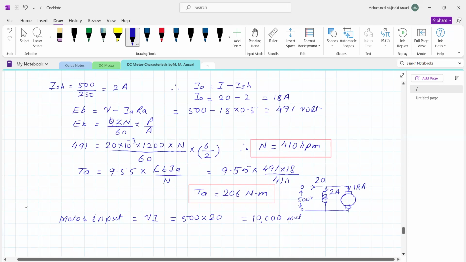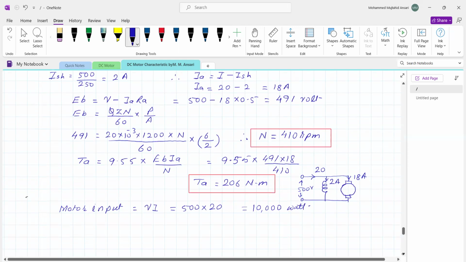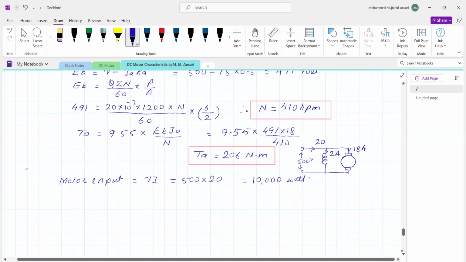So total input is 10,000 watt. Now if we calculate the losses in the armature circuit and shunt field circuit, the armature Cu loss is equal to Ia square Ra. So it is 18 square multiplied by resistance 0.5. So the copper loss is 162 watt.